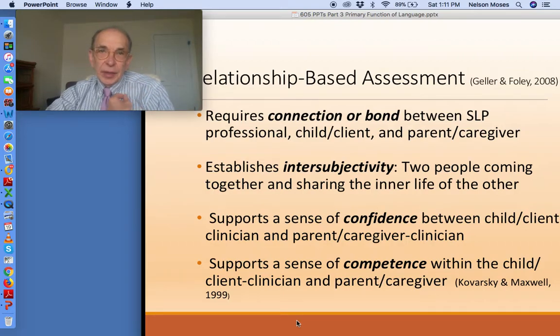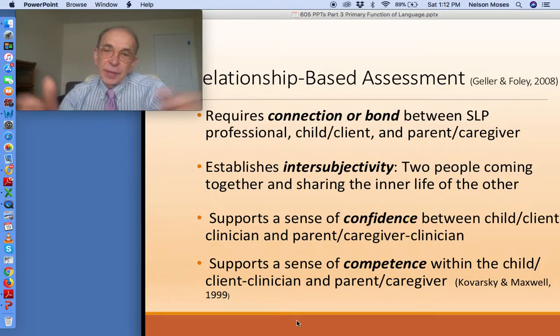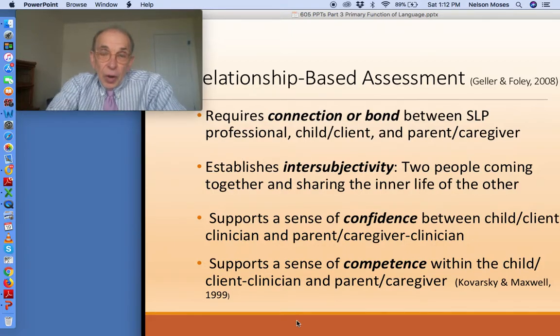And we ourselves want to perceive our own selves as competent. If we're in a situation that supports a sense of competence, a feeling of self-worth and ability, we're most open to communication.